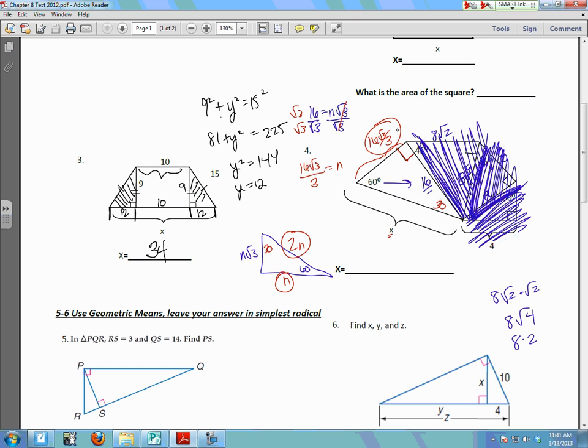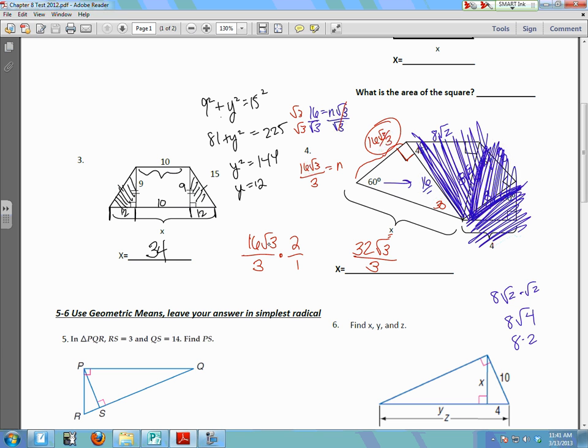So I get 16 radical 3 over 3, and I want to double it, so I just multiply by 2 over 1. 16 times 2 is 32. I got a radical 3, and then a 3, and that's my answer for x.